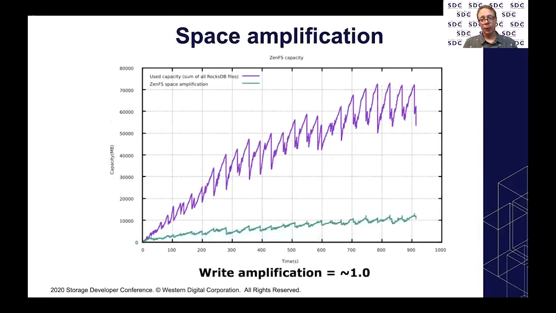Generally, when you try to reduce write amplification, you pay with space amplification. So if you do a lot of over provisioning, if you add a lot of extra space to handle the garbage collection, you can lower the write amplification on a normal drive as well.